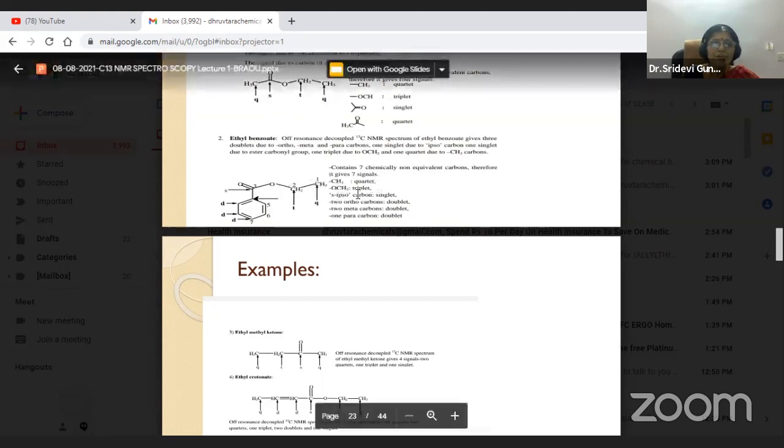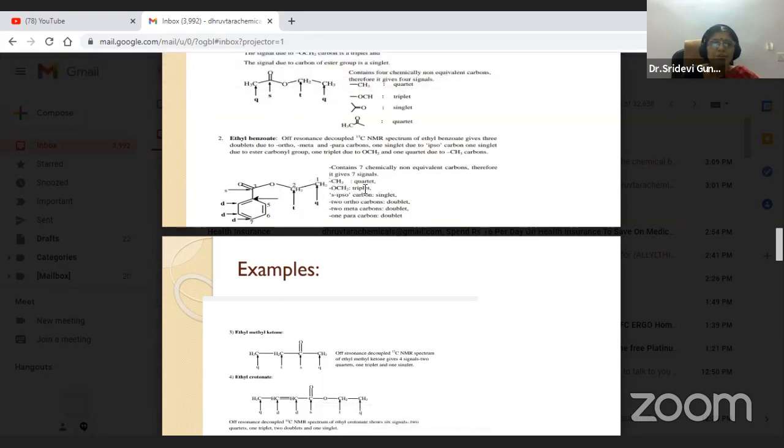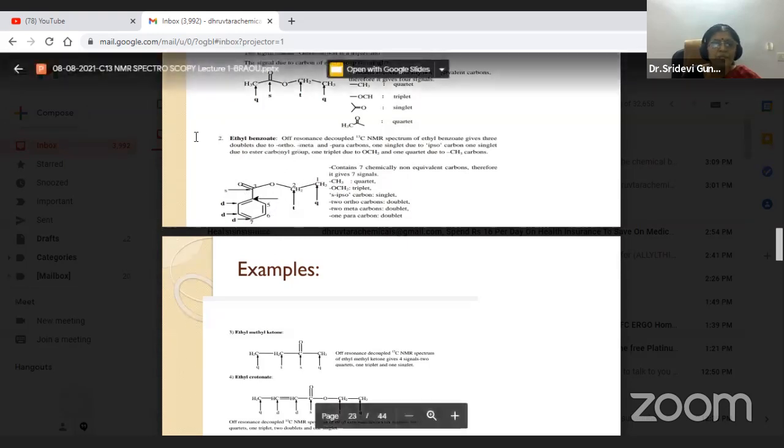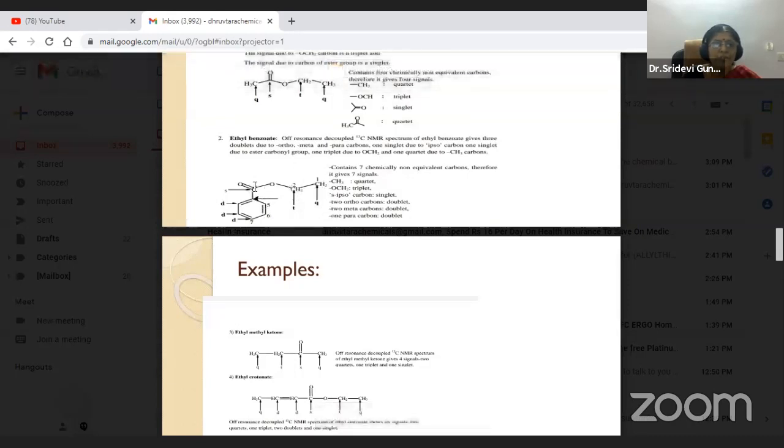CH3 is a quartet, CH2 is a triplet, and the carbonyl is a singlet. The ipso carbon is also a singlet because it is not attached to any hydrogen. The ortho, meta, and para carbons are each doublets because each is attached to one hydrogen. Overall: 1 quartet, 1 triplet, 2 singlets, and 3 doublets.